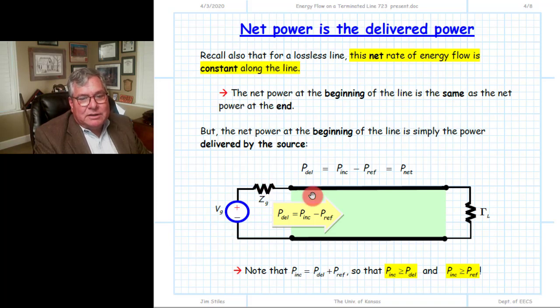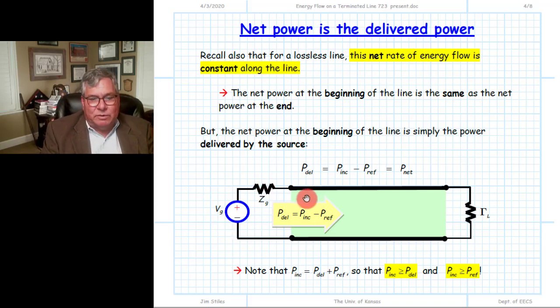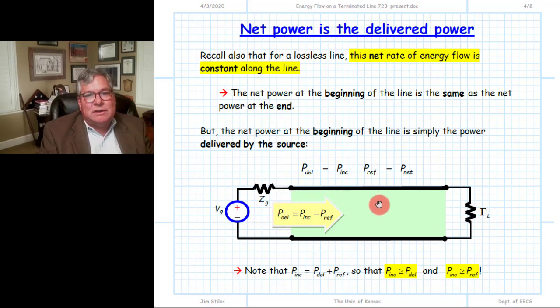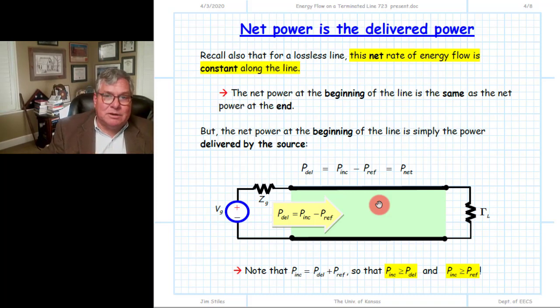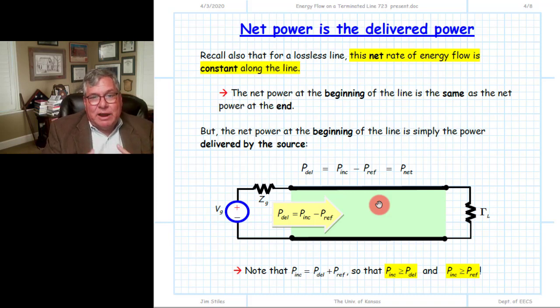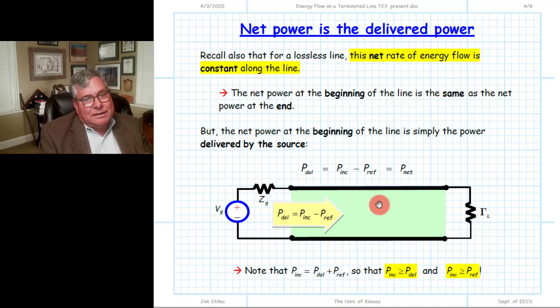The power delivered contributes to the incident wave power, but there's also a second term which is due to the load itself. We had a reflected wave that comes back and reflects off the source and adds to that incident power. And so the incident power is going to be greater than or equal to the power delivered by the source, not equal to, greater than or equal to.